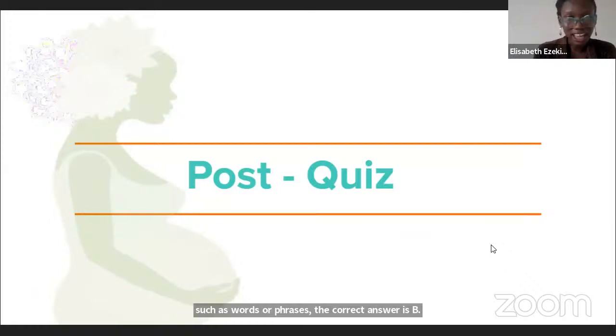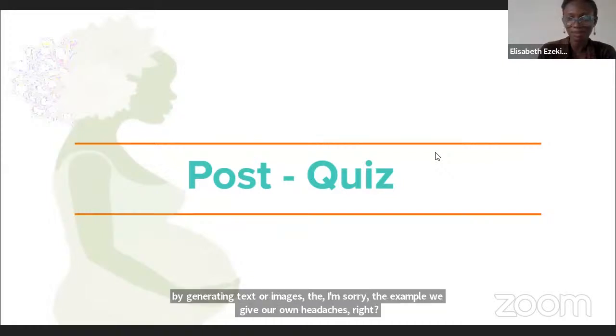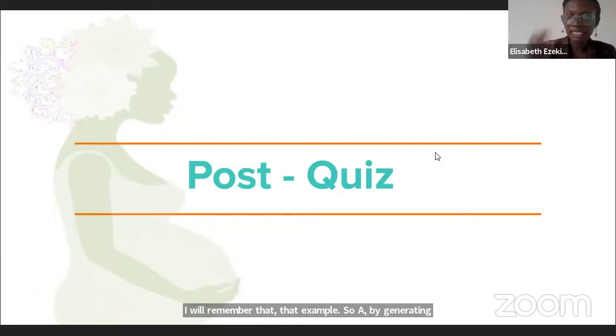For question 5, how does generative AI work? A, by generating text or images. The example we gave around headaches, right? I hope you remember that example. So A, by generating text or images using its model of tokens created from its training data sets.